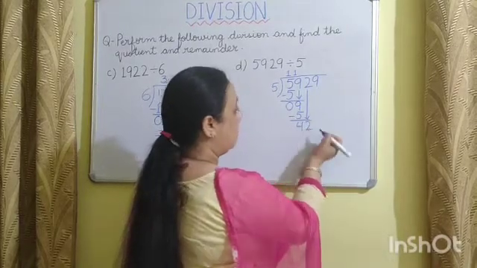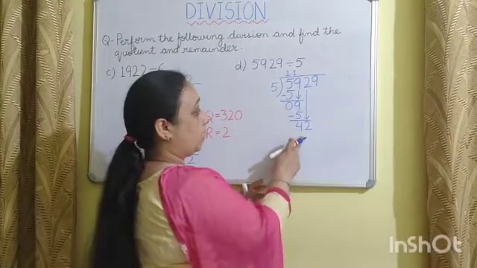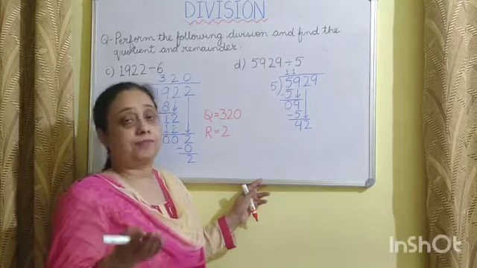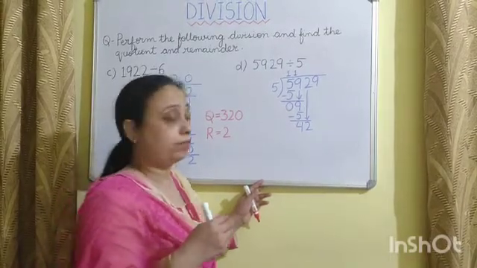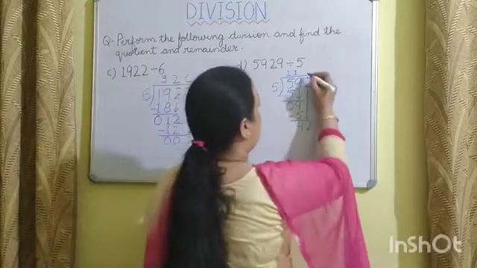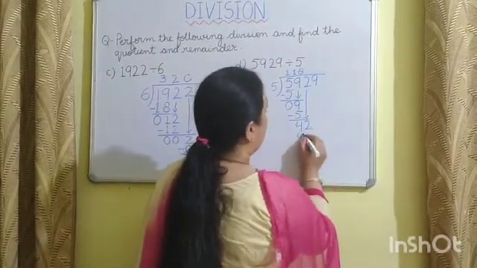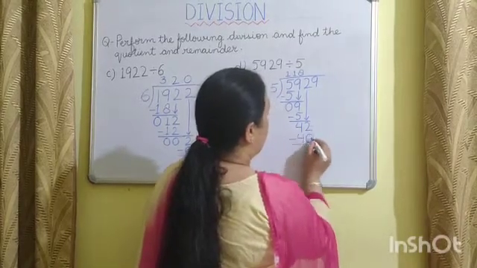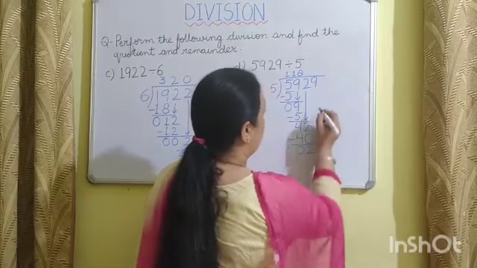Now copy down this 2 in the next step. We have the number 42. So we'll read the table of 5 till 42. 5 8s are 40 and 5 9s are 45. So we'll take 5 8s are 40 because 45 is greater than 42. 2 minus 0 is 2 and 4 minus 4 is 0.